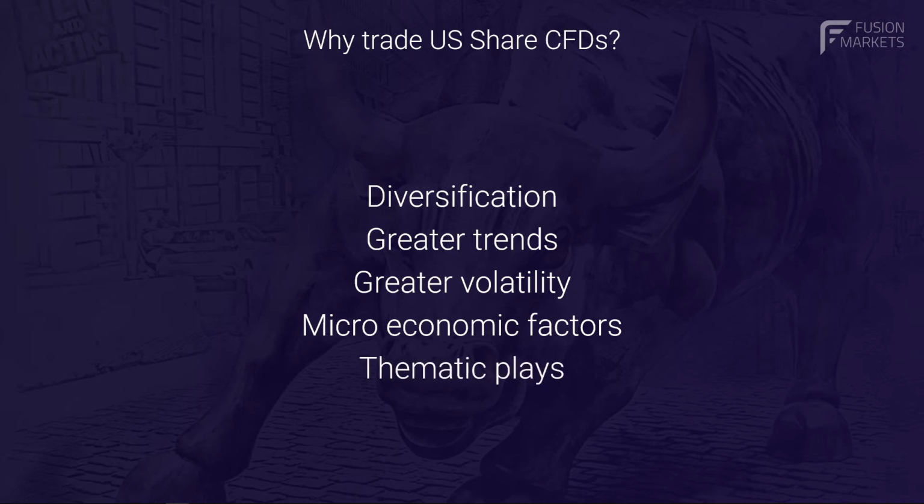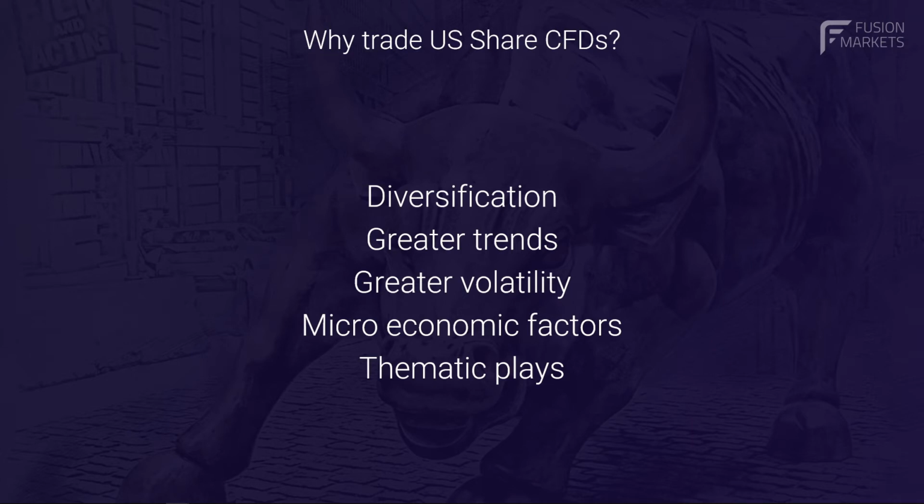Now, tying in very closely with that, and with a fair bit of overlap in fact, is the idea of thematic plays. Like microeconomic factors, thematic plays allow you to look at sector developments, industry developments, perhaps developments in relation to particular types of technologies, and then give some consideration to how that might play out in relation to particular companies.